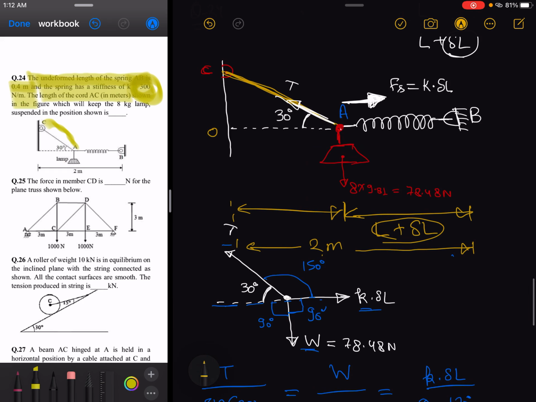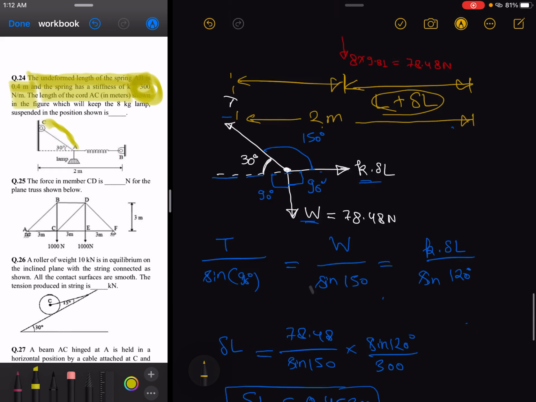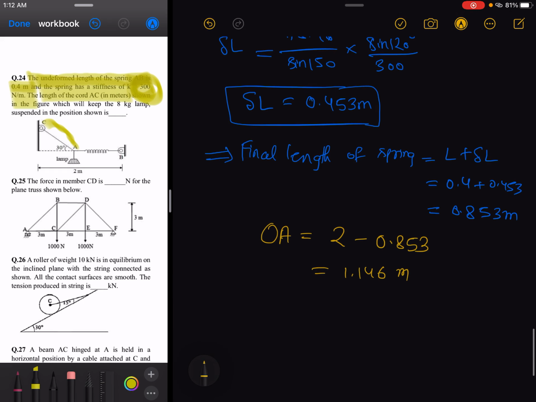Okay, so in the triangle OCA, if you apply cos theta, it is nothing but OA upon CA, which is the required length. OA we are getting as 1.146, and CA is the length of the string which is required.